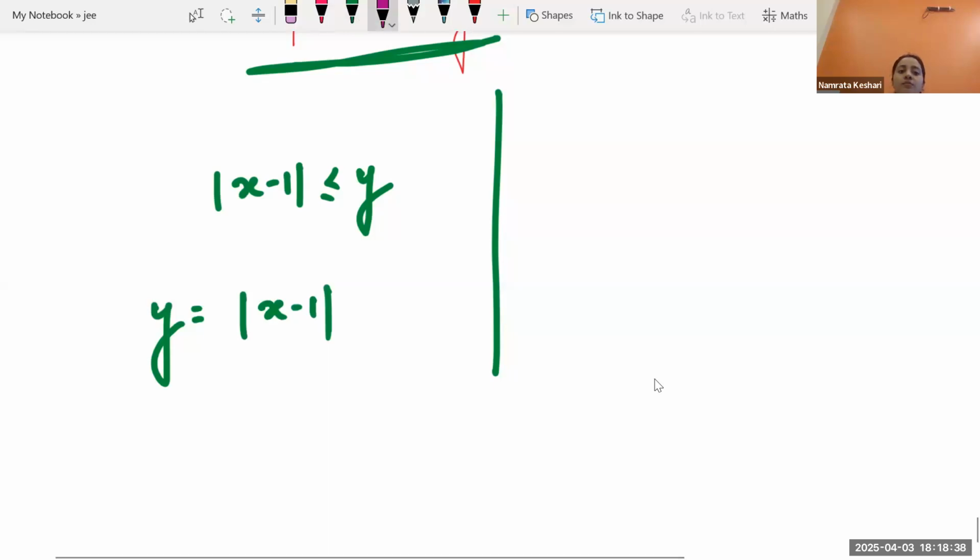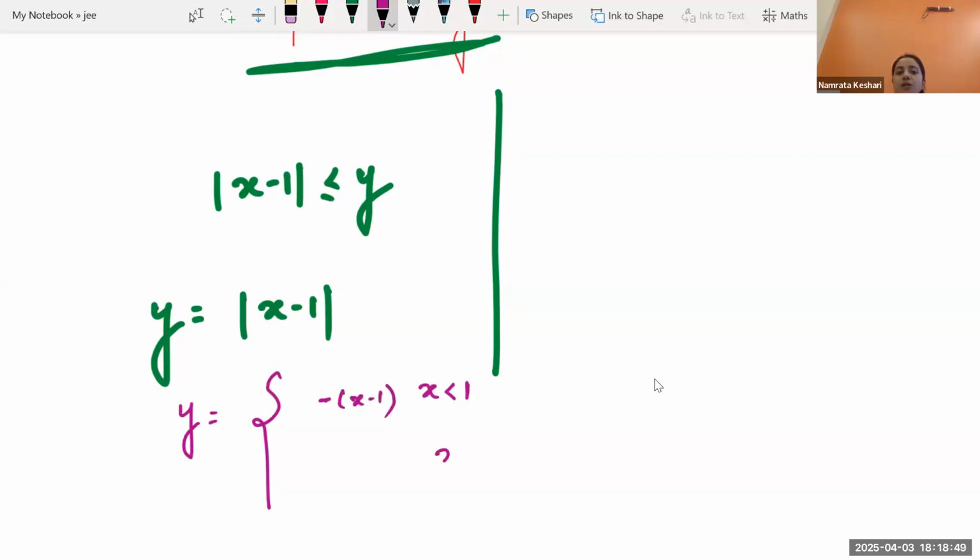We can redefine this function. When x is smaller than 1, it is minus of x minus 1. When x is bigger than or equal to 1, it is just x minus 1, right?